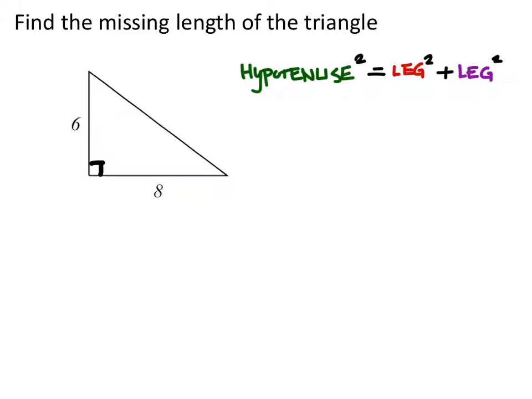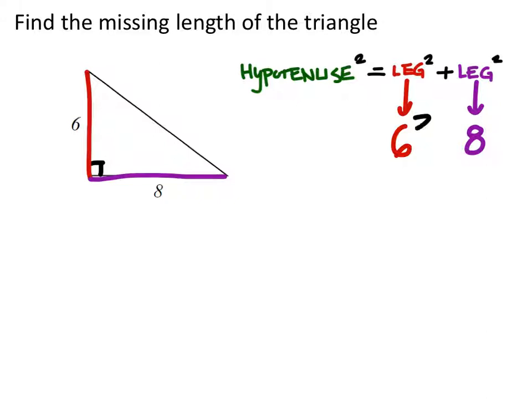Now, again, we need to notice where that right angle is. And it's created by this side length of 6, so I'm going to replace this leg with 6. And then we've got another side length that makes up that right angle. That's 8, so I'm replacing that leg with 8.